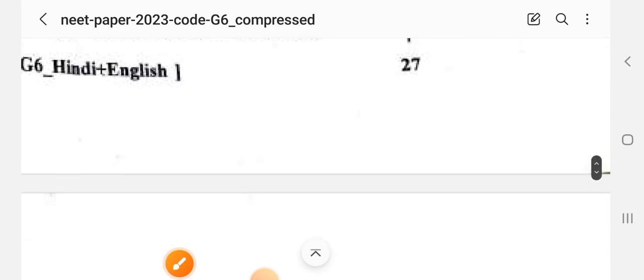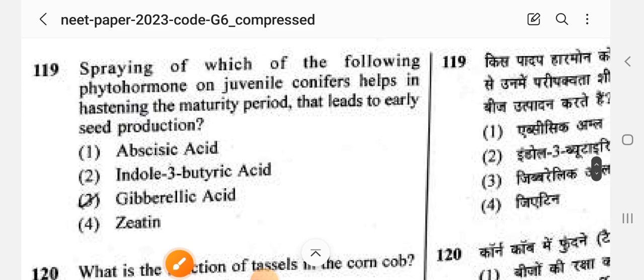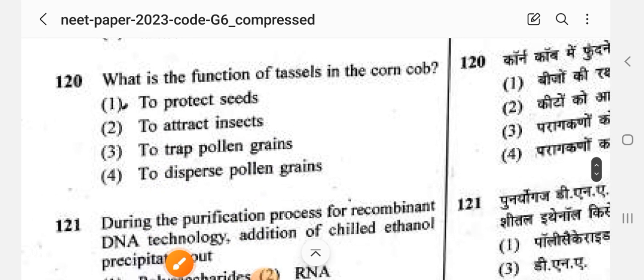Okay, so the next question: spraying of which of the following phytohormones on juvenile conifers helps in hastening the maturity period that leads to early seed production? The answer is C, gibberellic acid. Which is the function of the tassel in the corn cob? To attract, to trap the pollen grain.